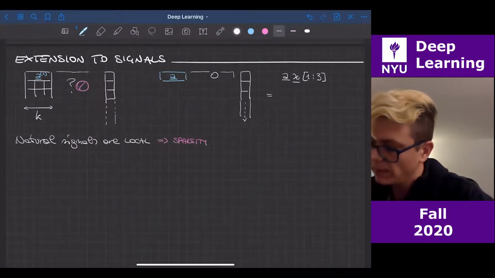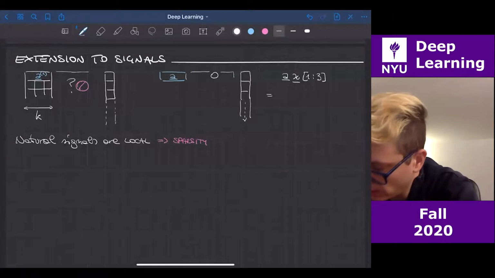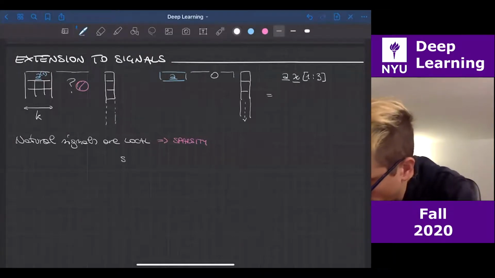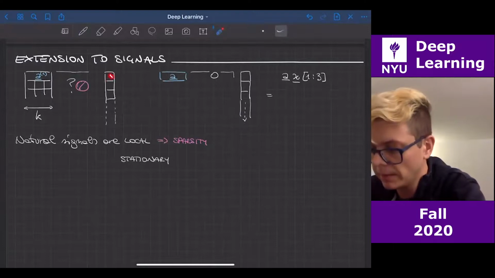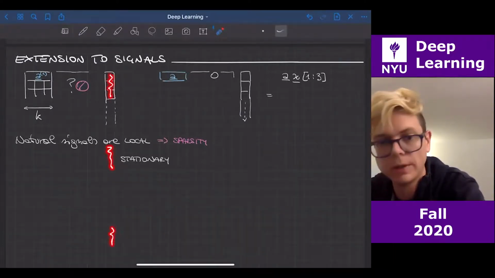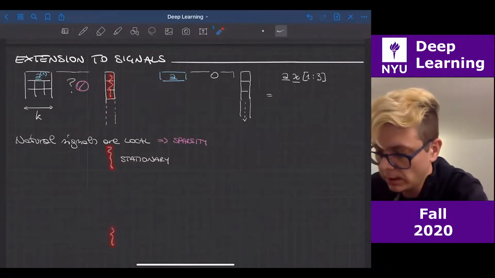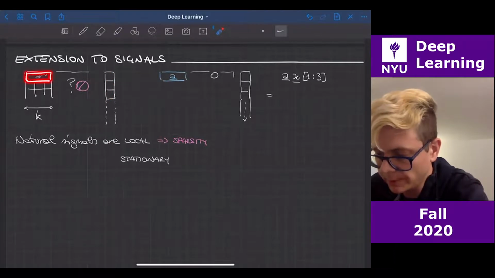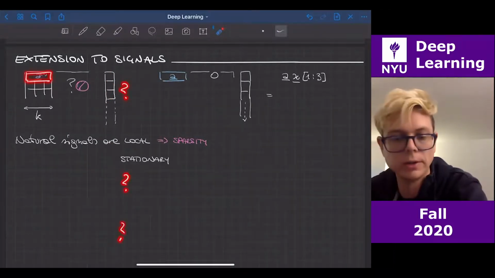But then we're going to be using a second property. Now we're going to say that natural signals are stationary. What does it mean that it's stationary? Stationary means that what happens here may happen over here and may happen again over here. So I am interested to check whether this specific template appears all across the signal.